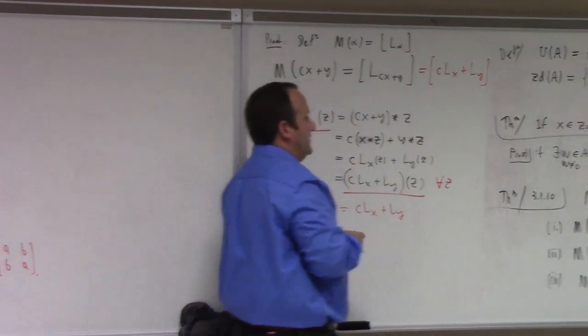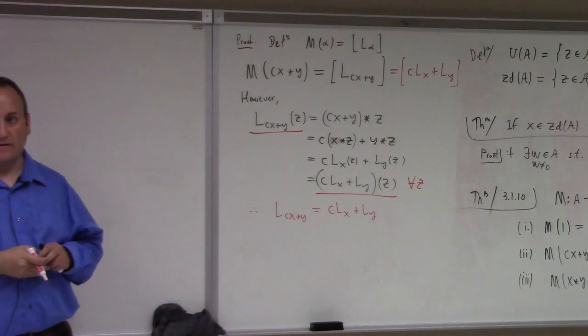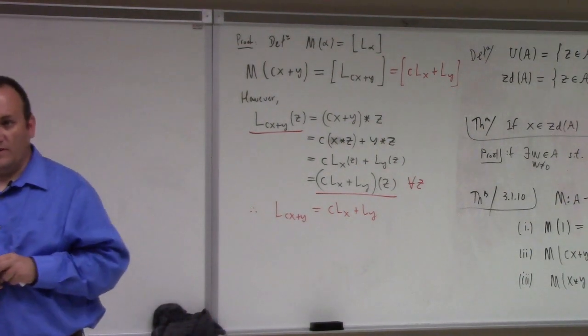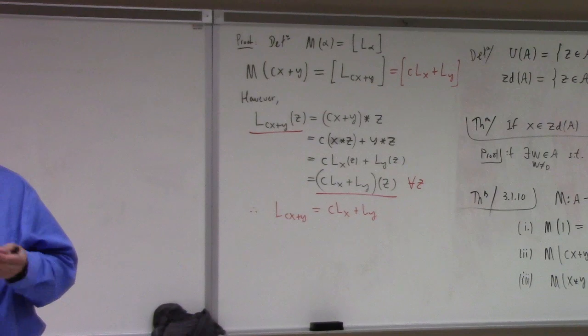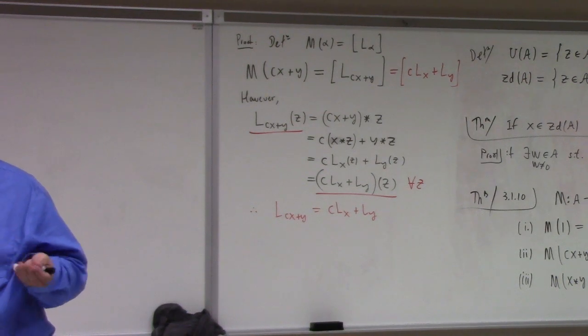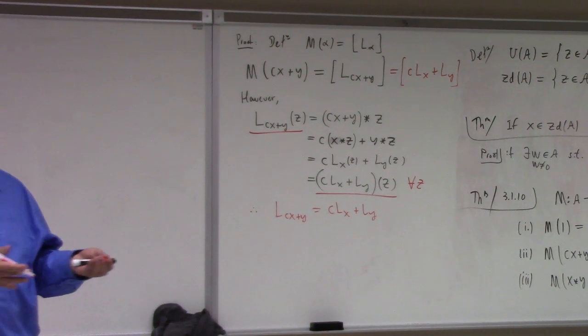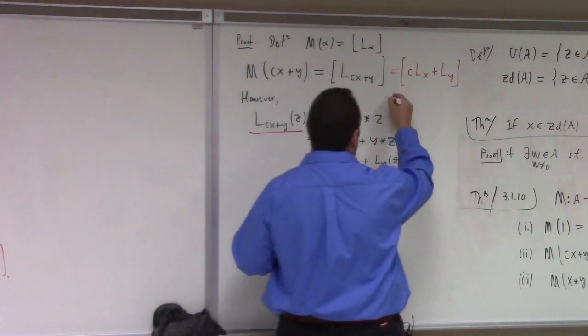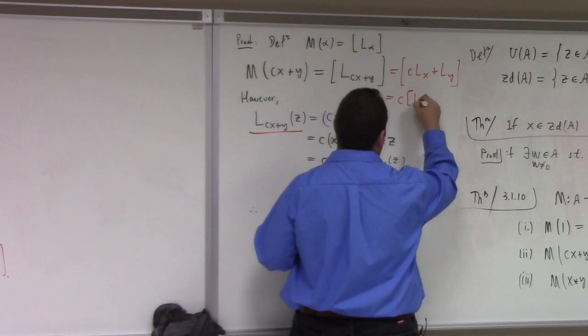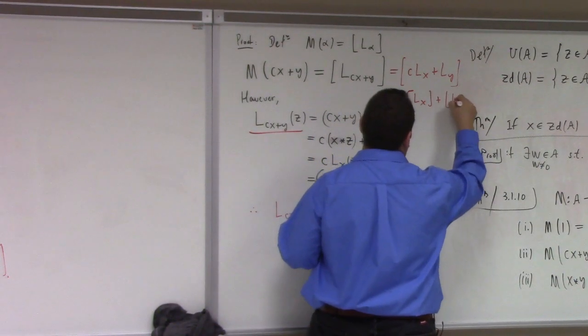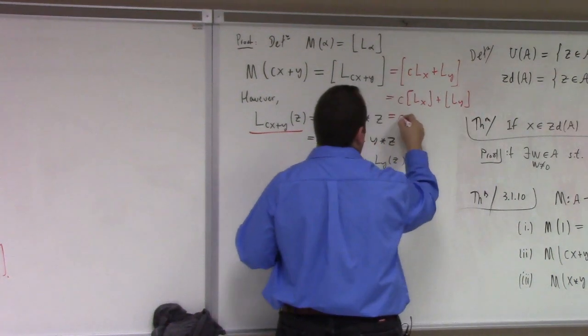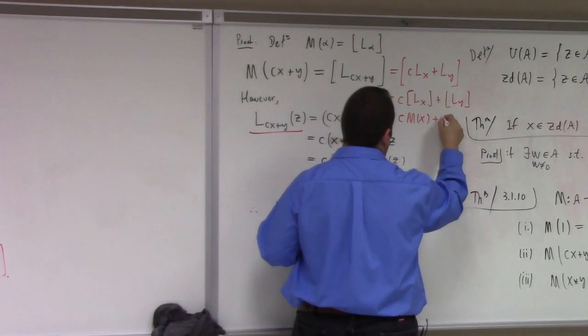And then I just use a little fun fact from linear algebra, which is that the standard matrix of a sum of two transformations is the sum of the standard matrices of those transformations. So at this point, I rely on linear algebra. This is C times the standard matrix of Lx plus the standard matrix of Ly, which is C times Mx plus My.